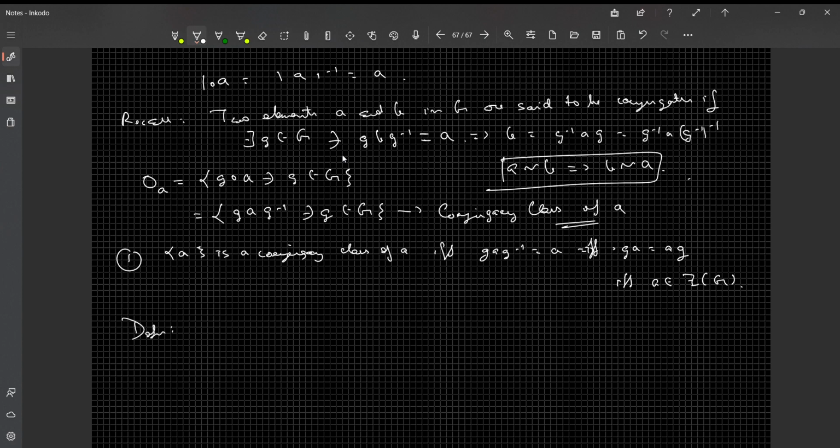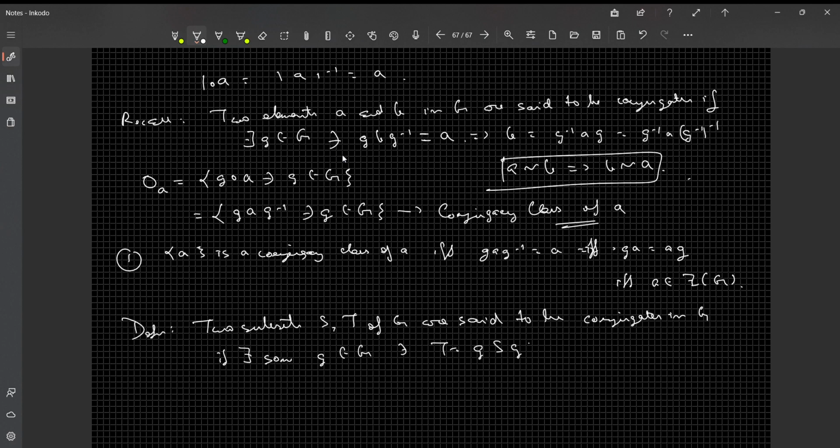So definition: two subsets S and T of G are said to be conjugates in G if there exists some element small g in capital G such that T can be written as gSg⁻¹. Clear? Clear.